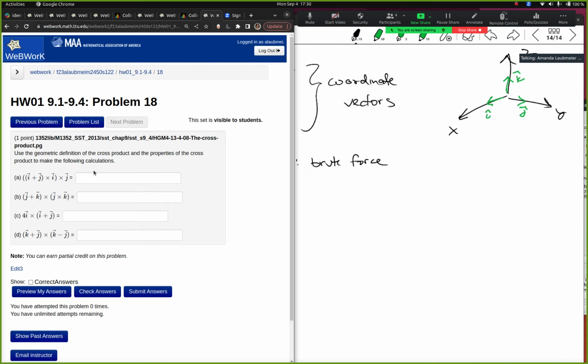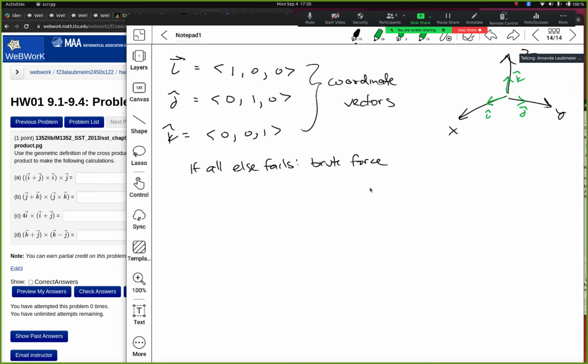But if you wanted to do it the fancy way, which is a little bit easier, we need to remember a few properties. So the first one is that the cross product is perpendicular to the original vectors.